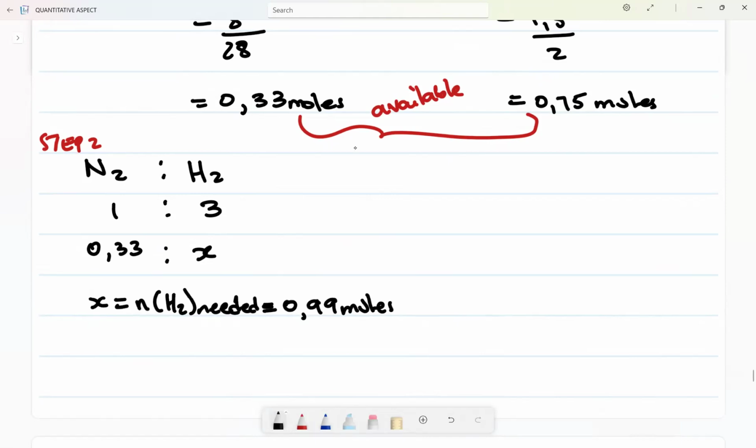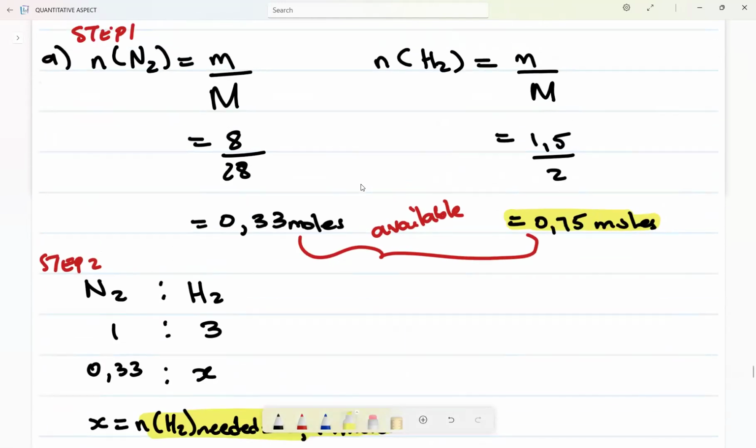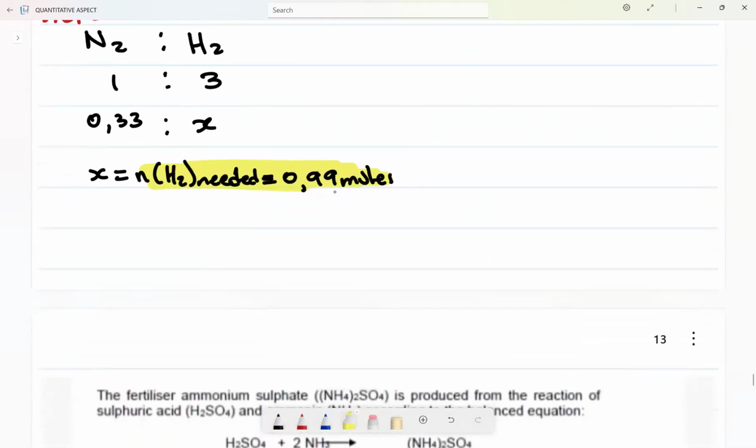But in actual fact, if this amount of H2 is needed, how much does H2 have available? H2 has 0.75 that is available. Do you agree? So it means the number of moles of H2 that is available is less than the number of moles of H2 that is needed.